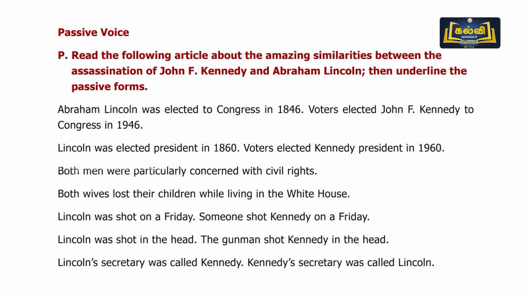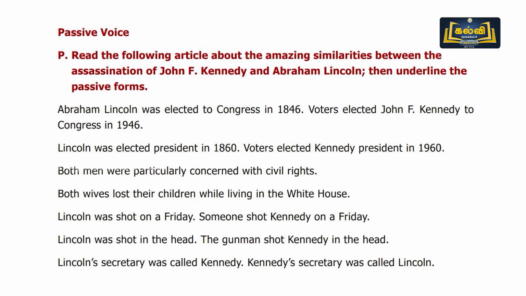This is an assassination which has been over. So, the whole passage will be in the past tense. While you read the passage, you will underline the past tense which is given. You have to identify the passive form, that is the auxiliary verb followed by the past participle of the sentence.